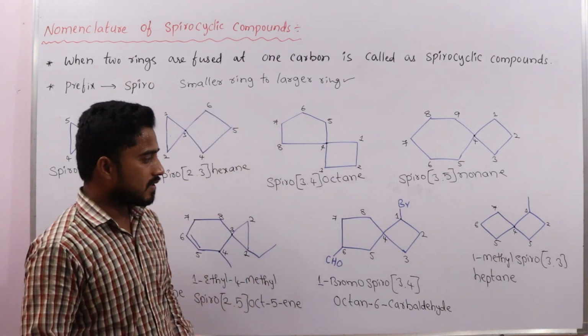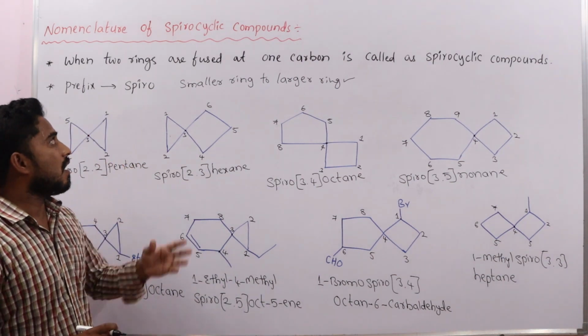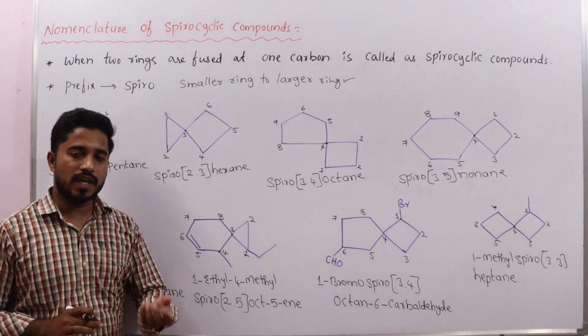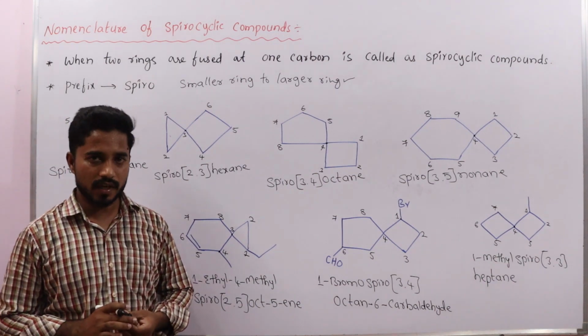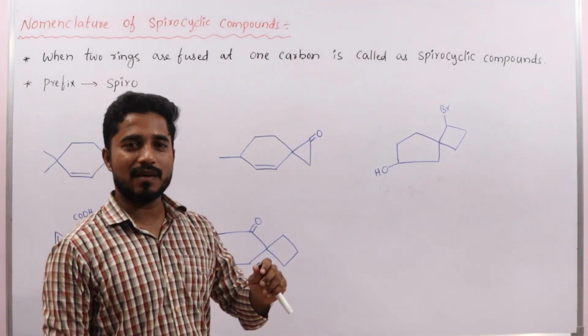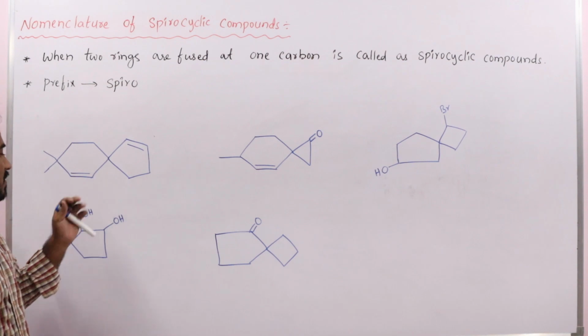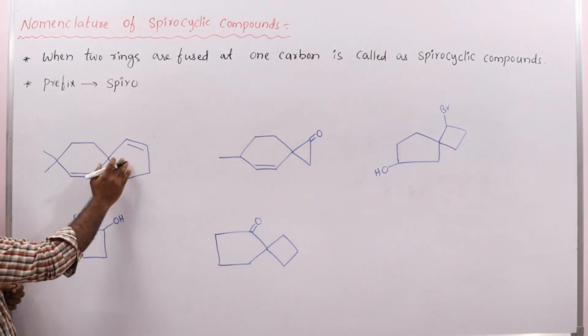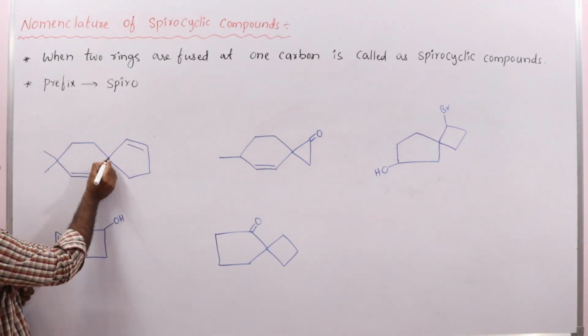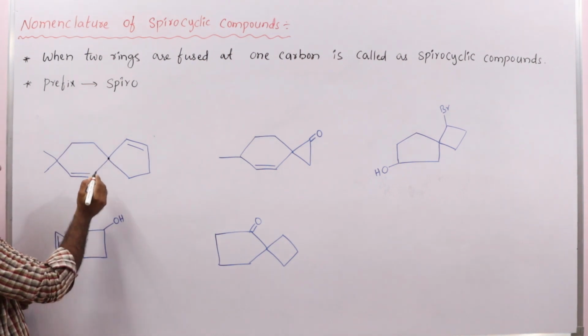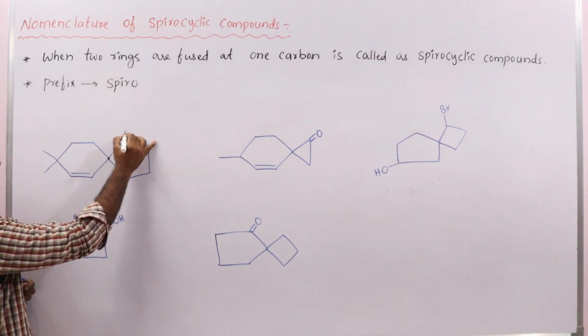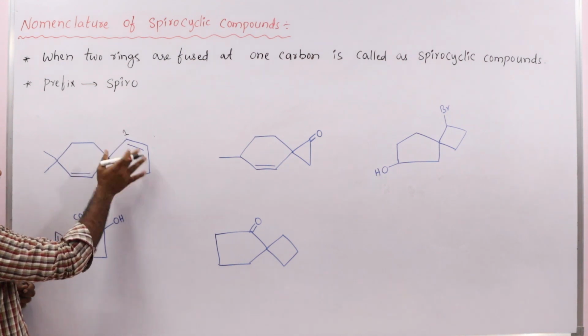Okay, let us see some other examples of spirocyclic compounds, how to give nomenclature for them. Let us discuss some more examples. Here in this molecule, 2 different membered rings are there. So this is a spirocarbon. Here numbering goes from the smaller ring to the larger ring.